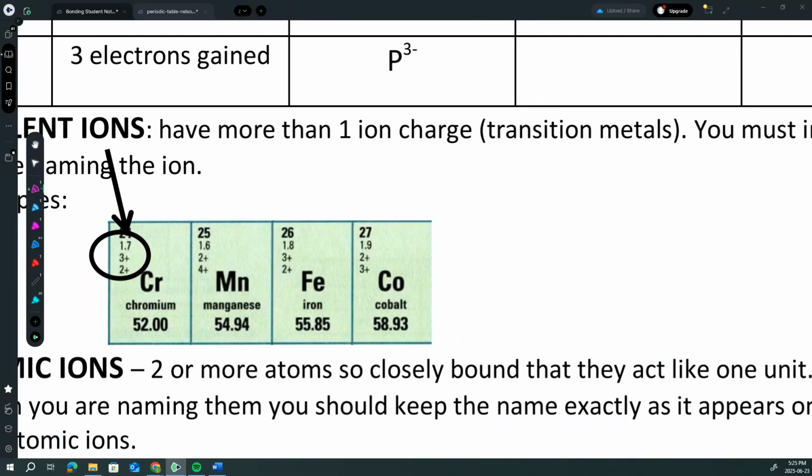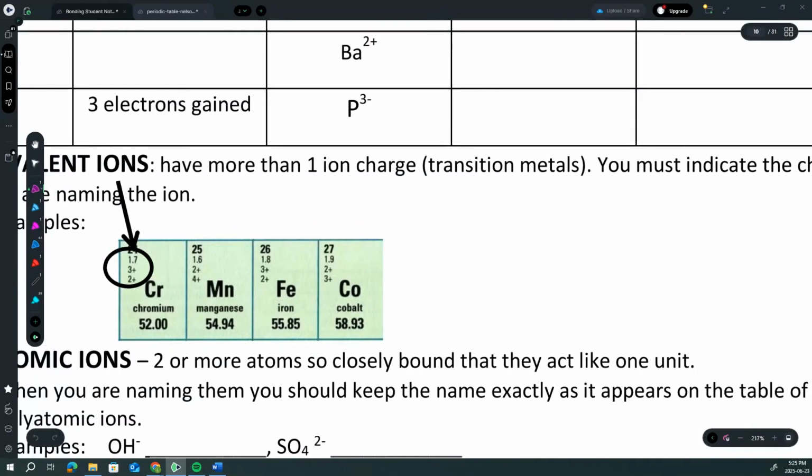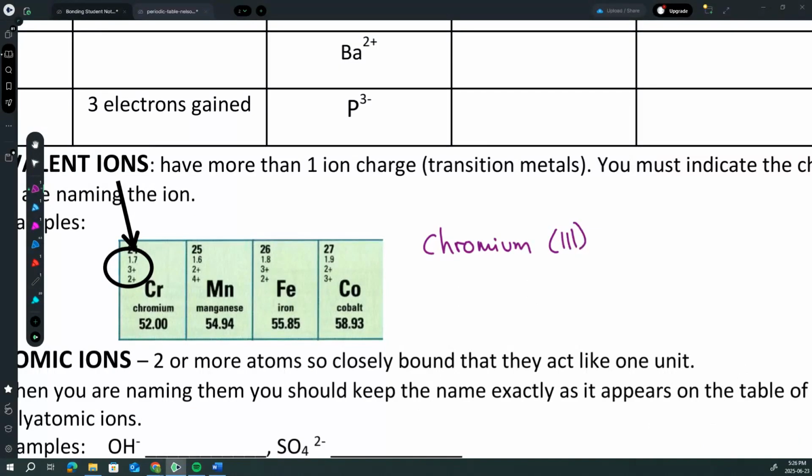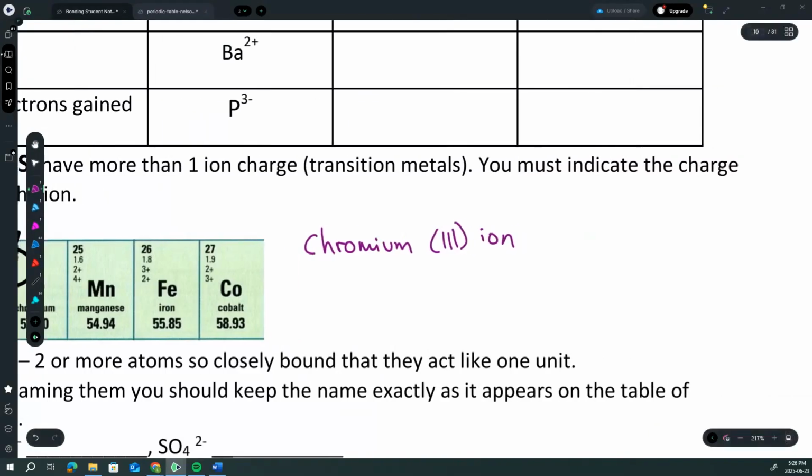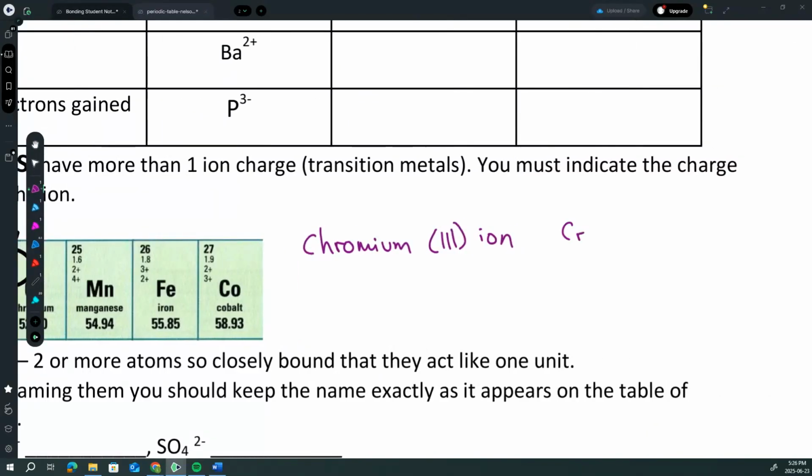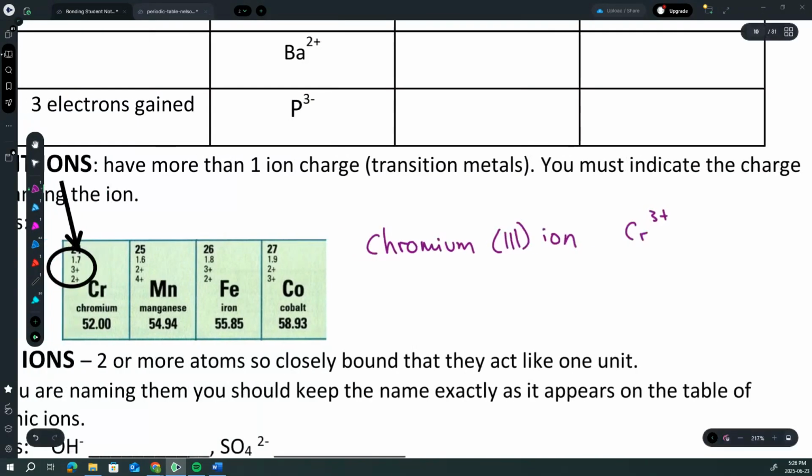How I would name that ion would be a chromium 3 ion, and I'm going to use Roman numerals to represent the charge. So chromium 3 ion, the symbol for it would be chromium 3+.